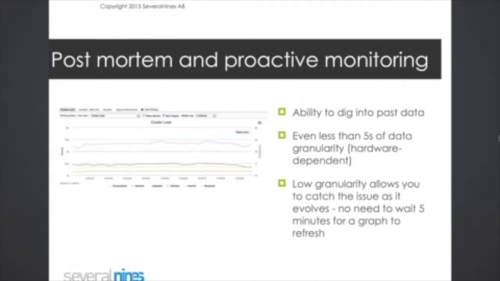Post-mortem and proactive monitoring. As I said, it's necessary to have the ability to dig into past data, that's for sure. And what's also important is to have as fine a granularity of the data as possible. Some trending systems aggregate your data per minute, or sometimes even on a 5-minute basis.